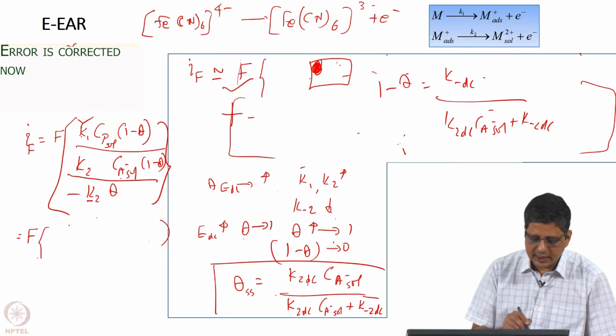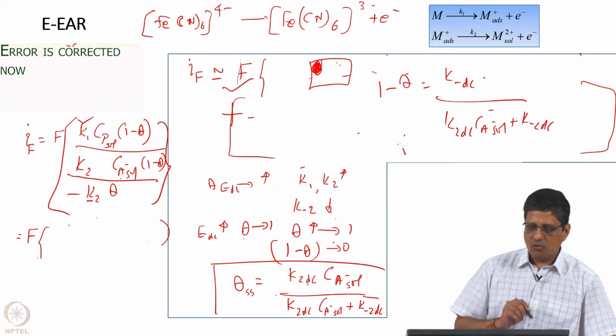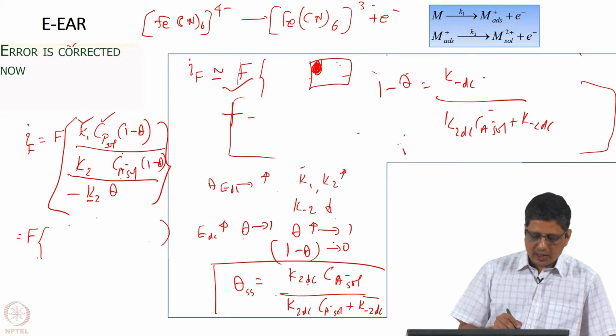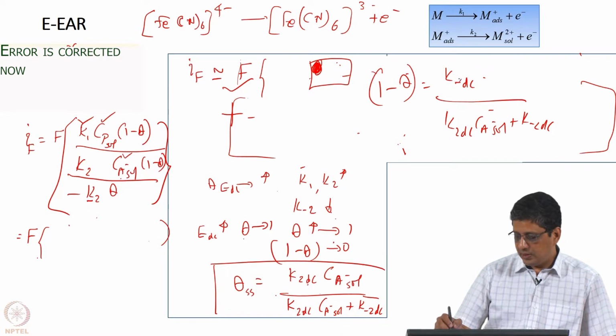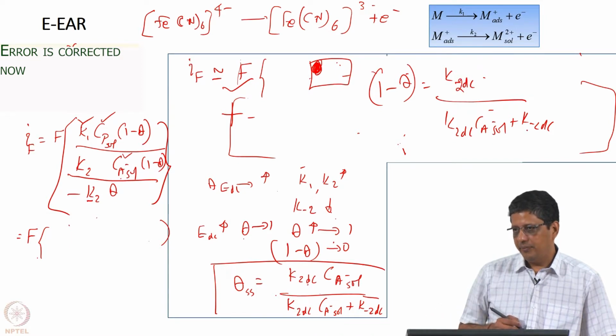Rate of the first reaction is K1 Cp solution 1 minus theta. We will take this factor out, it is a constant. How does K1 1 minus theta change? 1 minus theta is K minus 2 DC given by this number, correct. Theta is here, you can do the algebra and prove that 1 minus theta is this expression here.